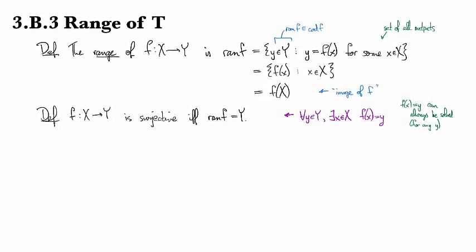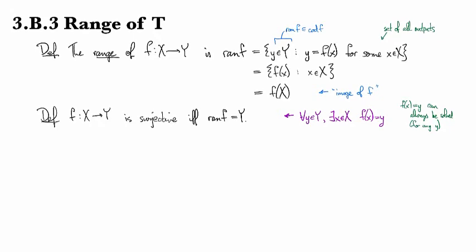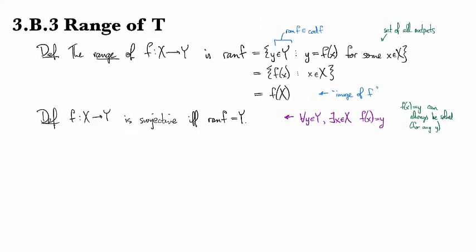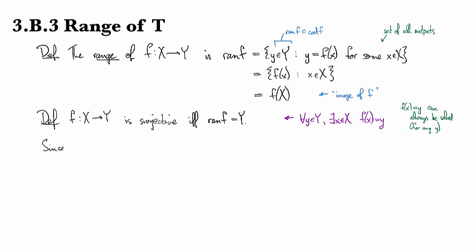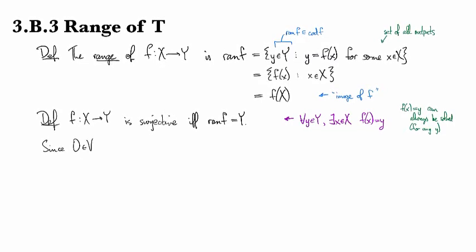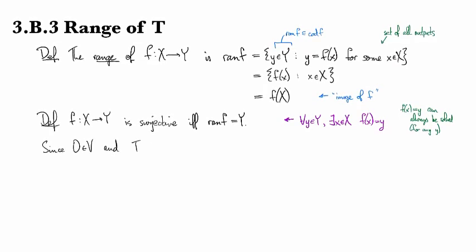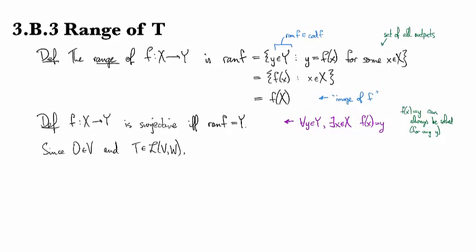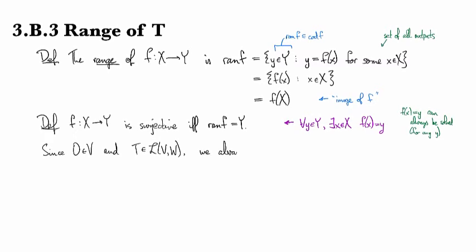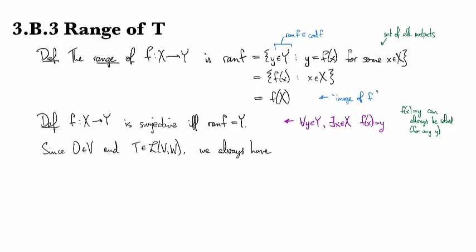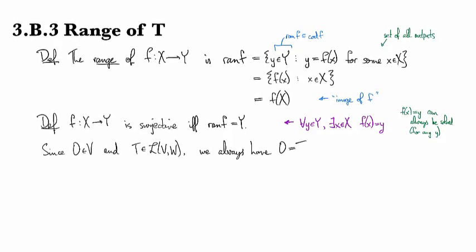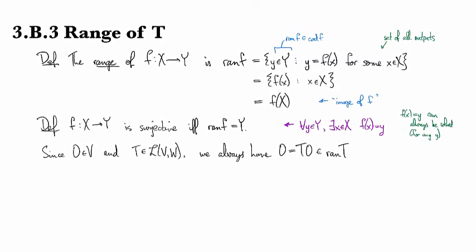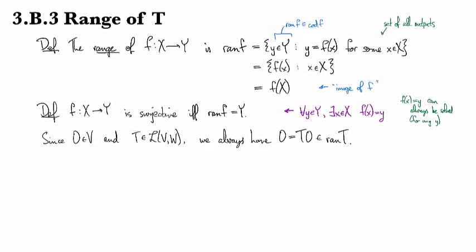We unfortunately don't have a nice slick way to do something comparable in this case, but we do at least have that the range is a subspace of W. And so since 0 is in V and T is linear, we always have that T of 0 is in the range.